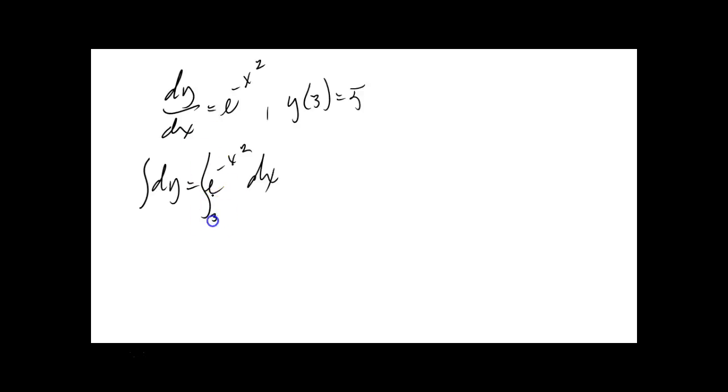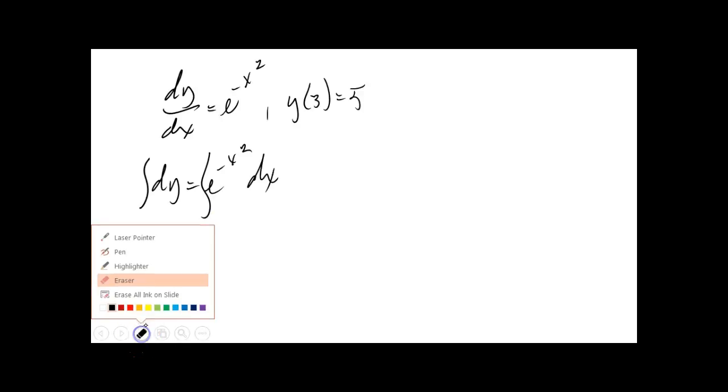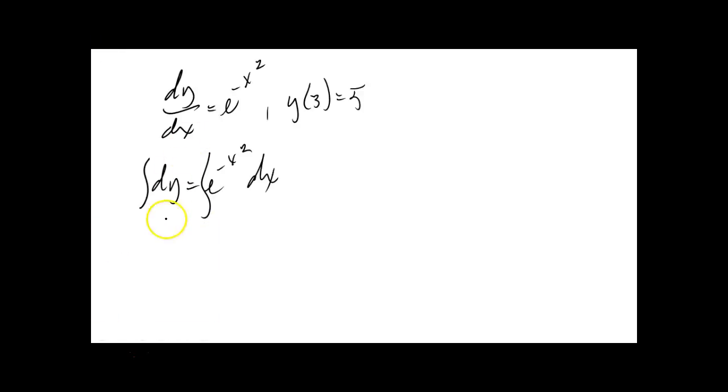As x is going from 3, because you're changing variables, I need to do it in the next step. So this will be dy is equal to, since you're going from 3 to x, that's where you change your variable, e to the minus t squared dt. And here, when x is 3, y is 5, and when x is x, y is y.